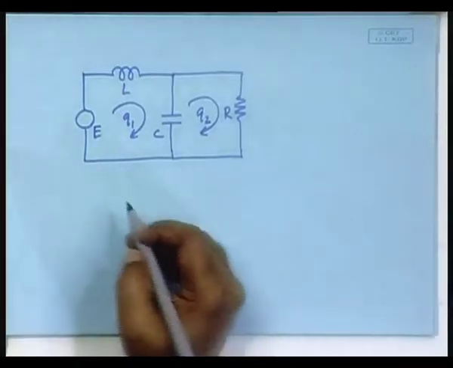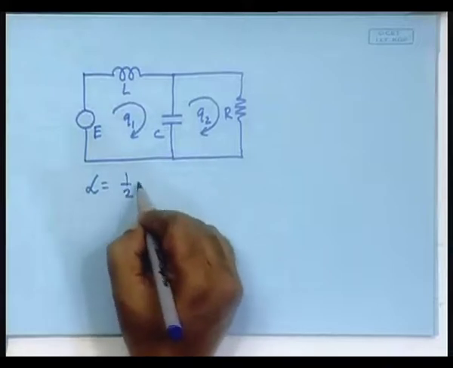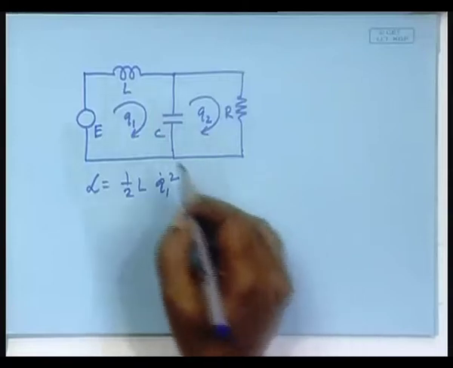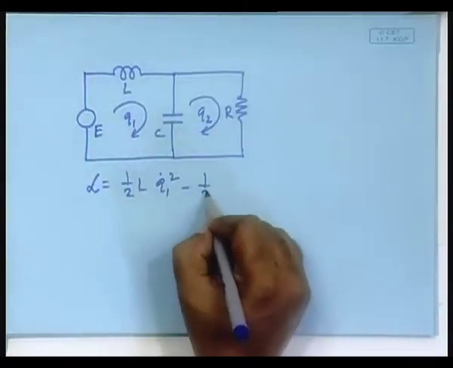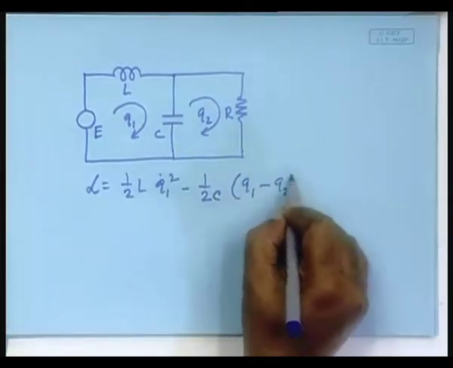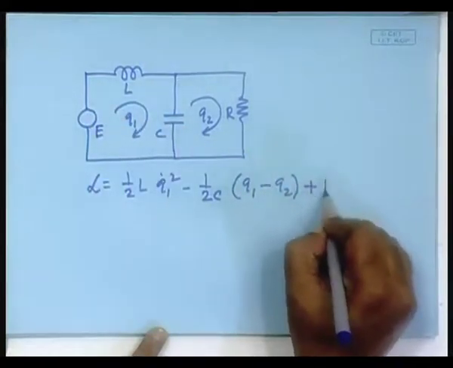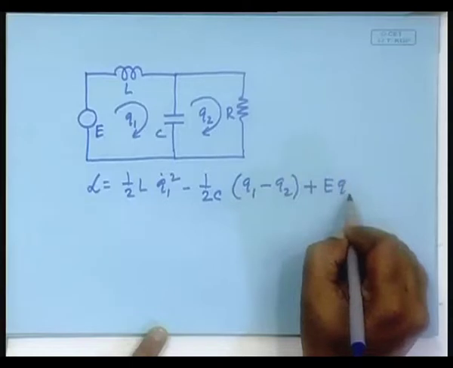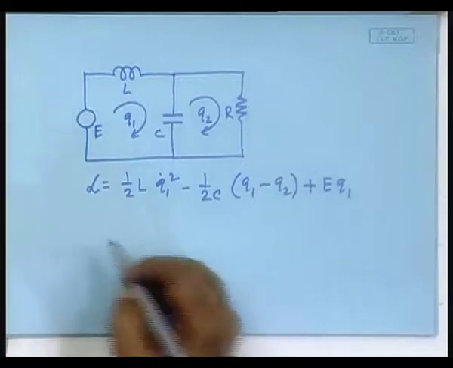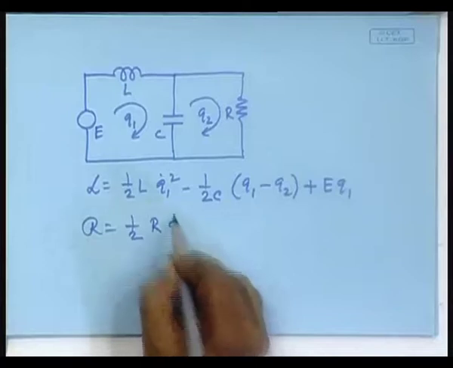Fine, let us write. You will have the Lagrangian as the kinetic energy half L Q1 dot square minus the potential energy, 1 by 2 C (Q1 minus Q2) squared, then it will become plus E Q1, right, that is the Lagrangian function, and the Rayleigh function is half R Q2 dot square.